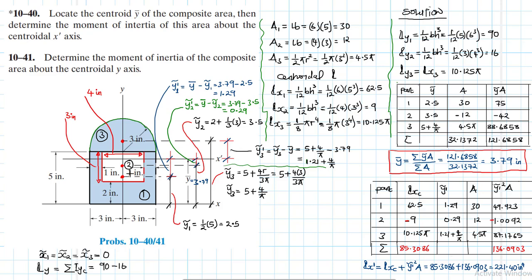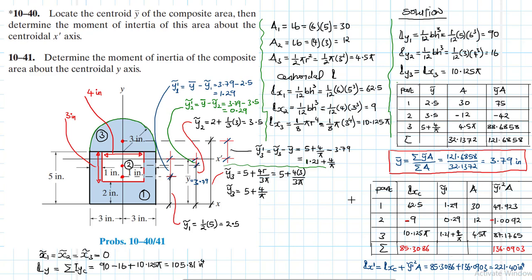This is minus because it's a hole, for part 2. Then plus 10.125 pi, which when we sum up all this gives us 105.81 inches to the power 4.